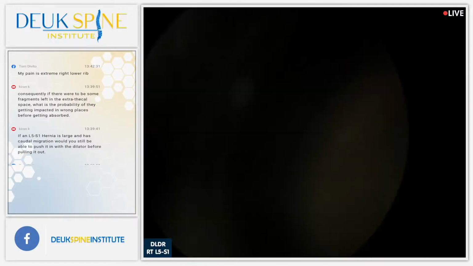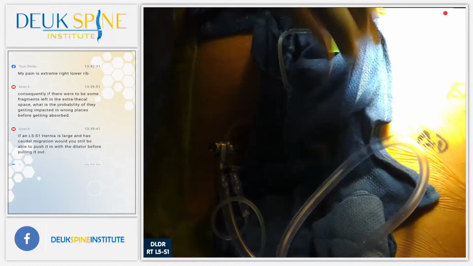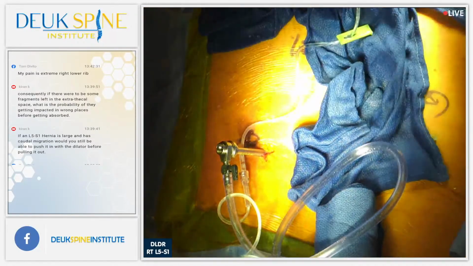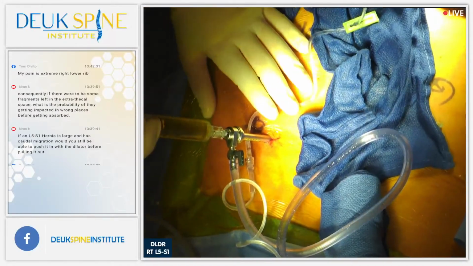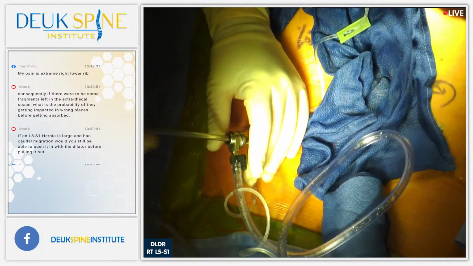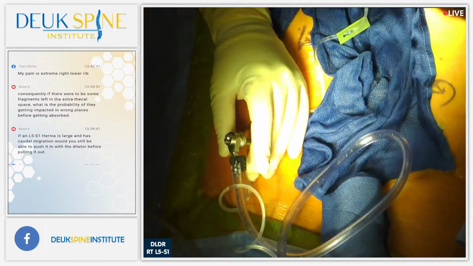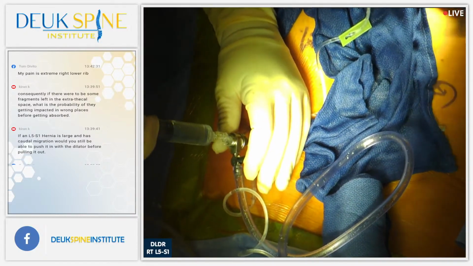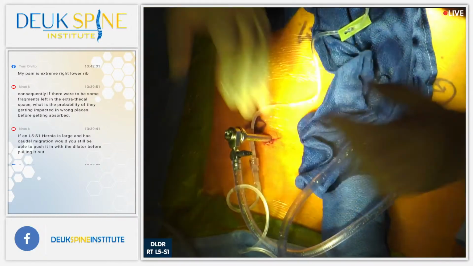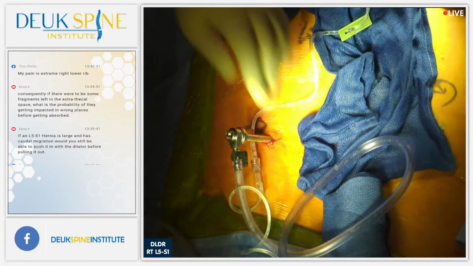So some people know that when I first started doing lasers, I actually lasered myself accidentally with my finger. The laser broke.